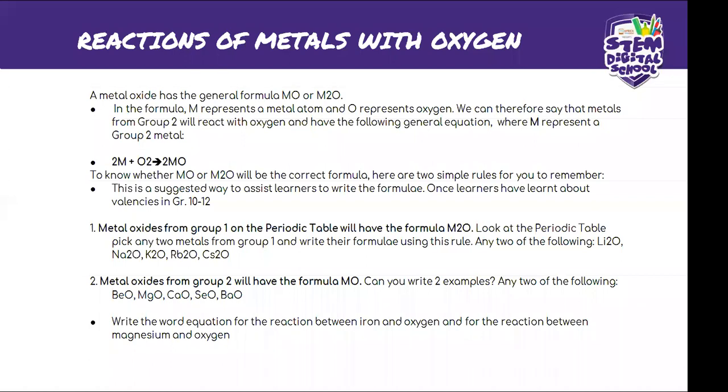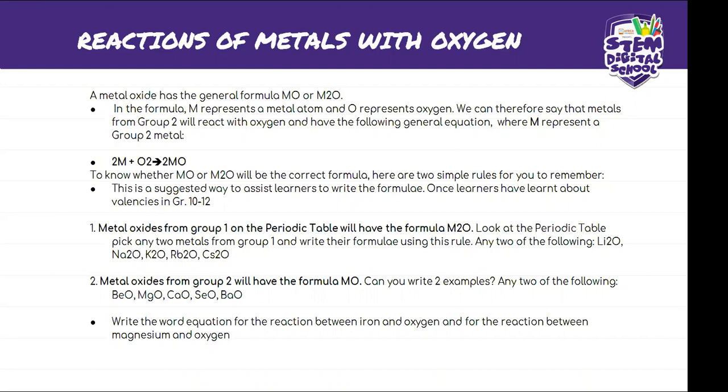Group 1 metals will lose one electron in their outermost shell, and oxygen will gain 2. So when they form compounds, they cross, meaning they exchange their charges.